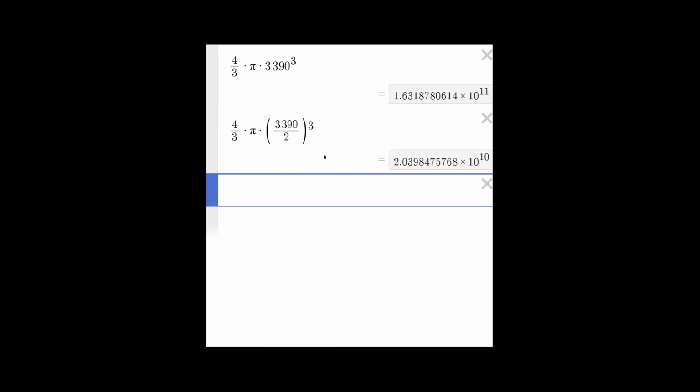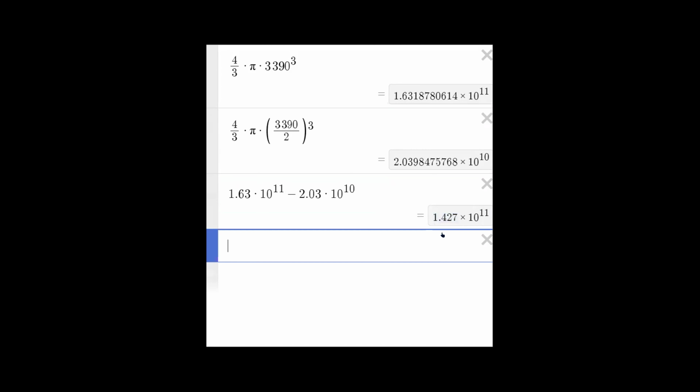And to find the answer, we just have to take this top function and subtract the bottom function from it to find the volume of the mantle and the crust. So that would just be 1.63 times 10 to the 11th minus 2.03 times 10 to the 10th, which is 1.427 times 10 to the 11th.